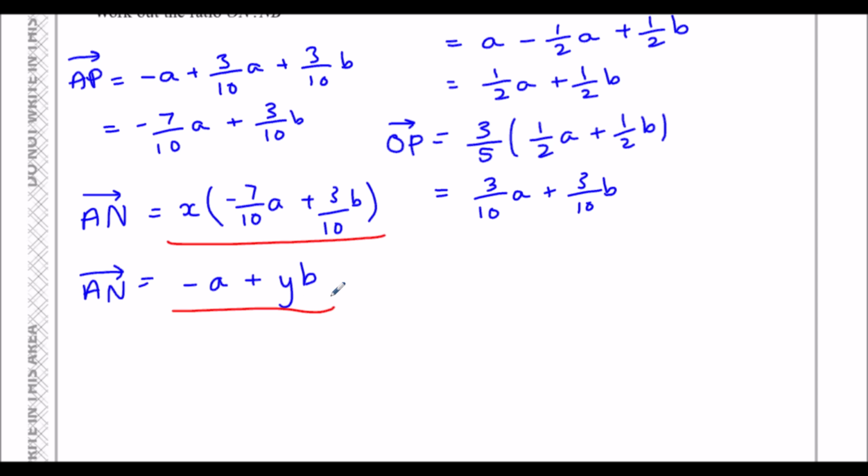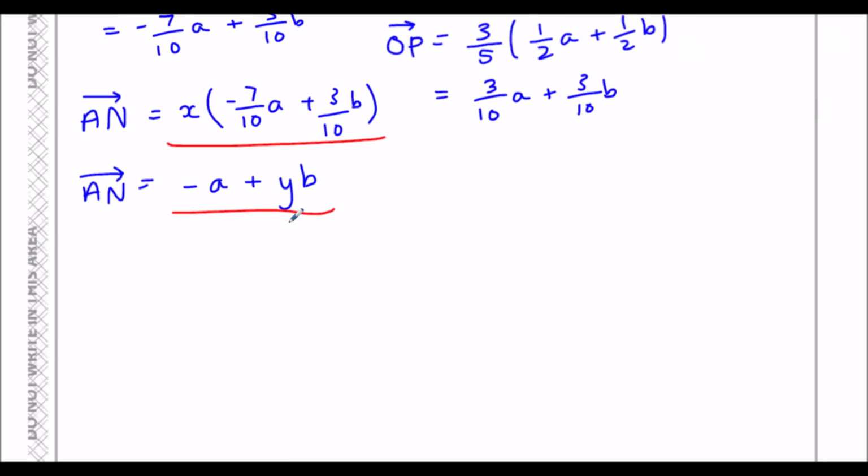So they must be equal to each other. They are both A to N. So the top one must equal the bottom one.